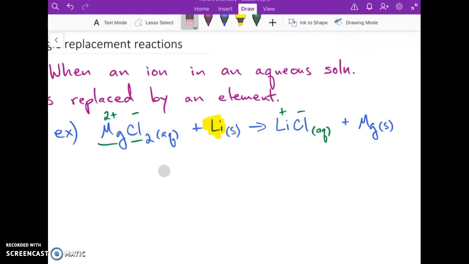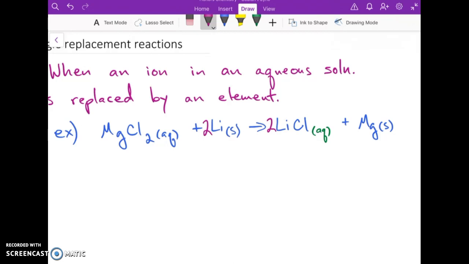So I'm going to go ahead and just clean this up a little bit, get rid of some of this stuff. We don't need to have the charges written anymore. We do need to balance. So right now it looks like we have chlorine that's not balanced, right? So I put a 2 in front of LiCl, which means I need to put a 2 in front of Li.